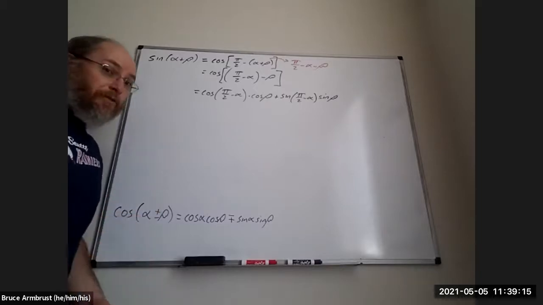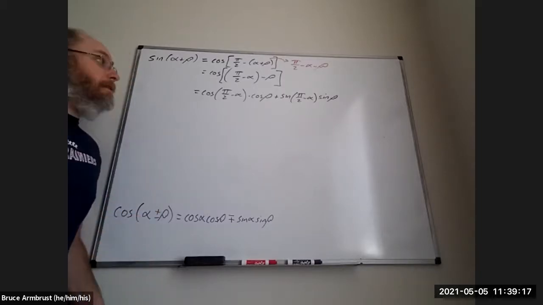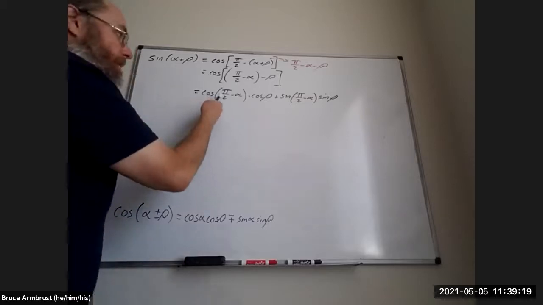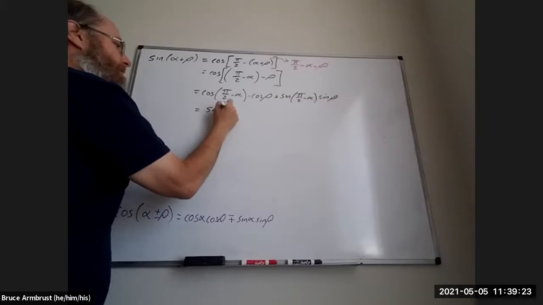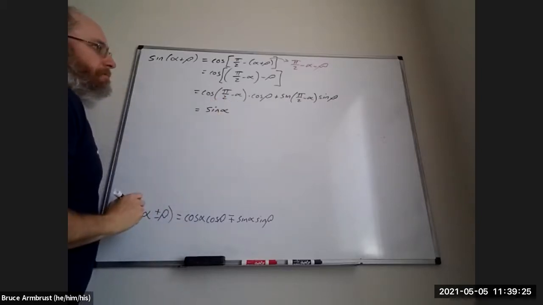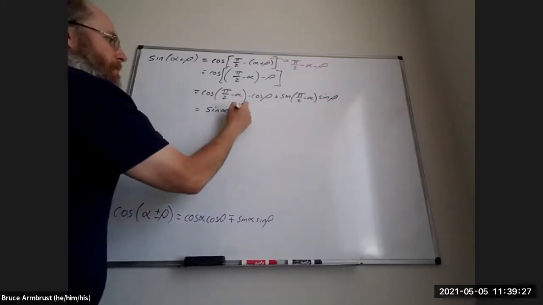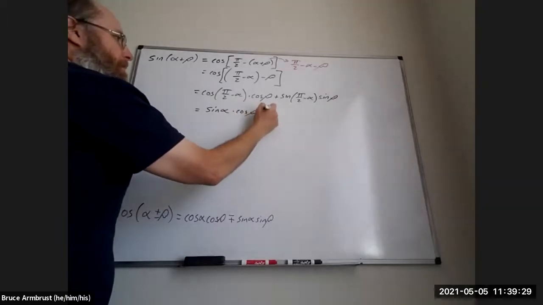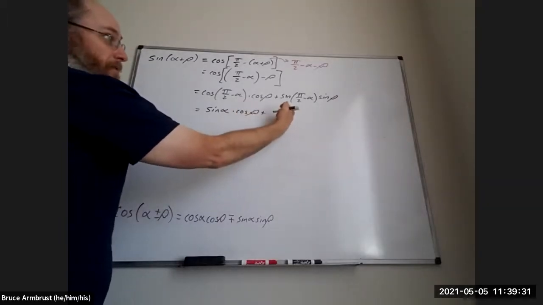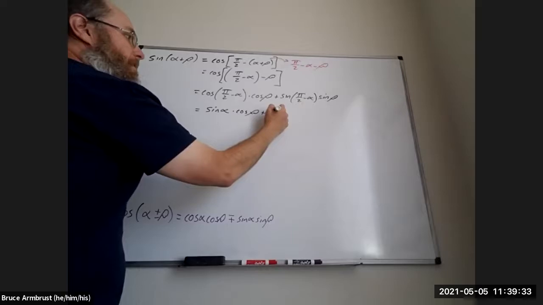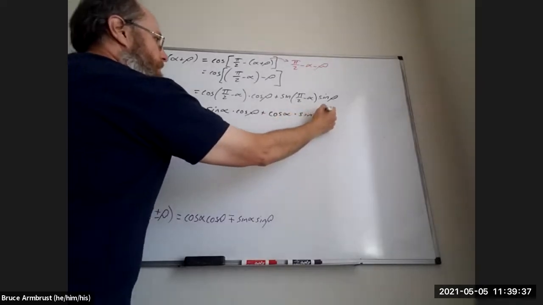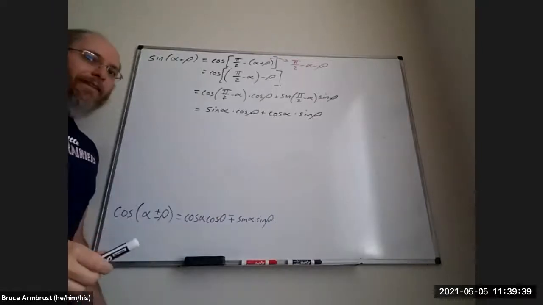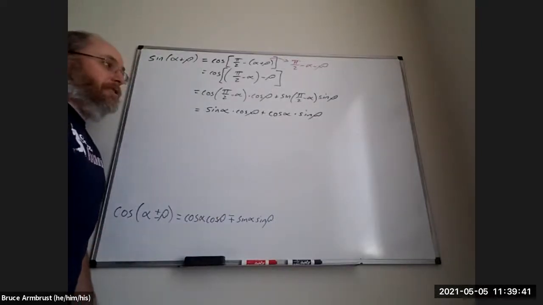Well, here's where I'm going to use the cofunction identities again. This guy, the cosine of pi over 2 minus alpha, that's the same as the sine of alpha. If I look at this other piece, sine of pi over 2 minus alpha, that's the same as the cosine of alpha. Again, directly using the cofunction identity.